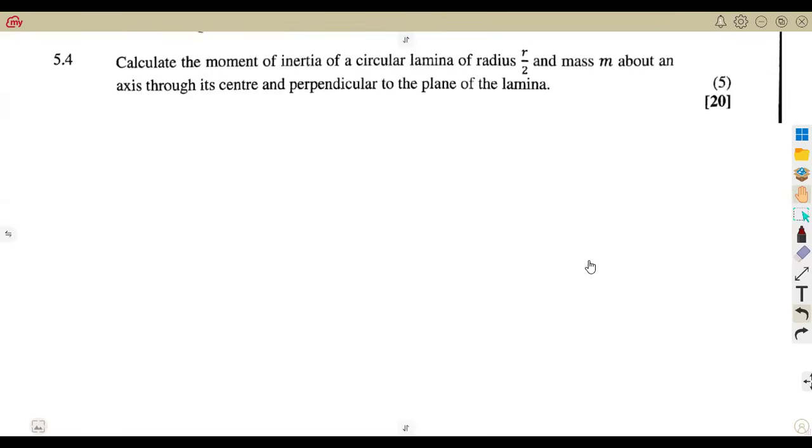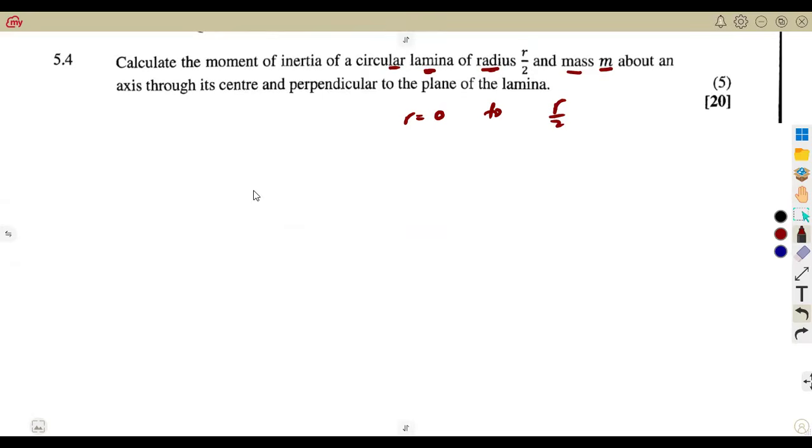Then on question number 4, considering the moment of inertia of a circular lamina of radius r over 2. So being given the radius of r over 2, it means our radius is being taken from the center, which is at 0 to r over 2. These are the limits that you're given. And the mass about an axis and its center and perpendicular to the plane.